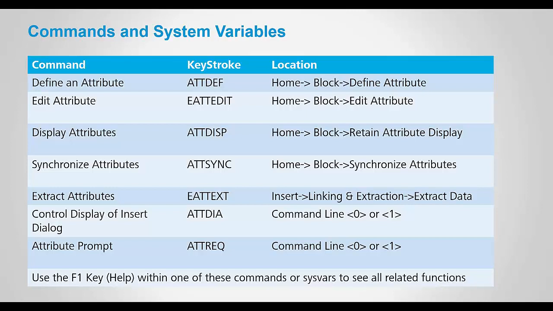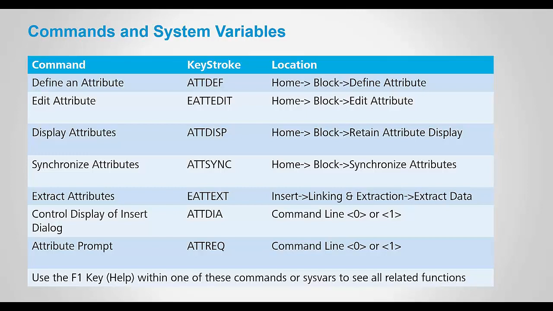There may be times where you have to insert a whole bunch of the same block in a drawing, and you don't want to spend time filling out the attribute information. You want to go back and do it later. You can do so by changing the system variable attribute request, ATTREQ, from 1, the default, to 0, off.